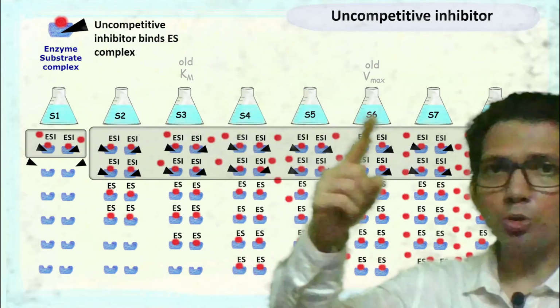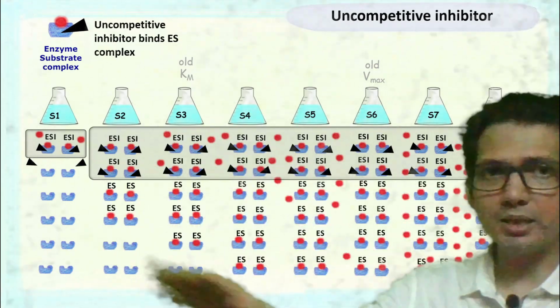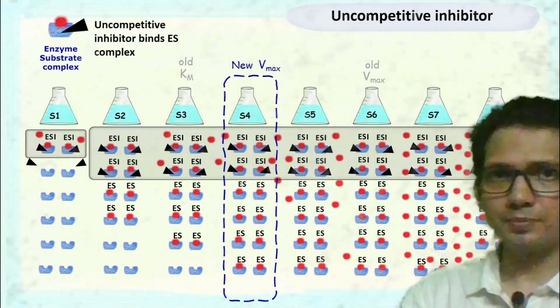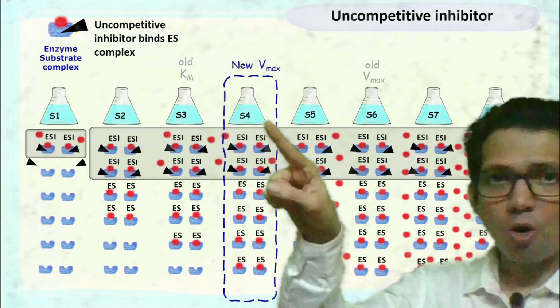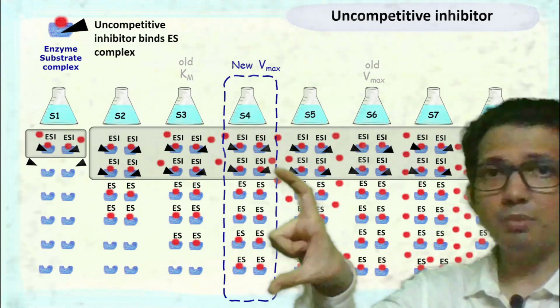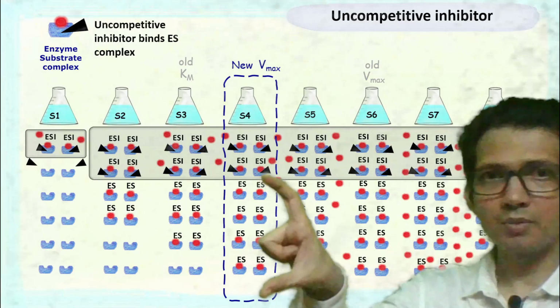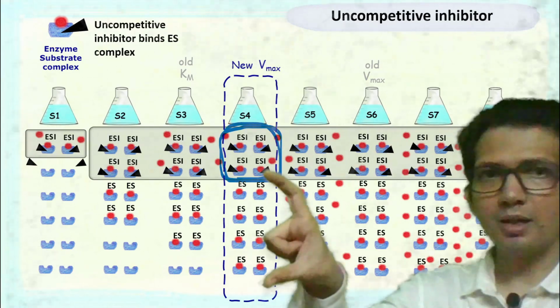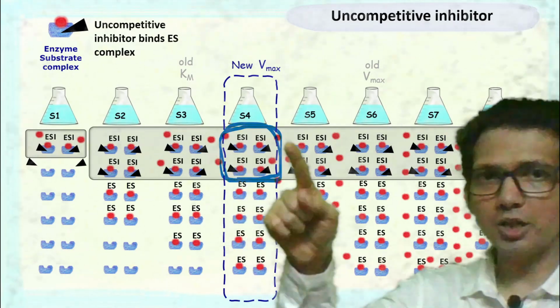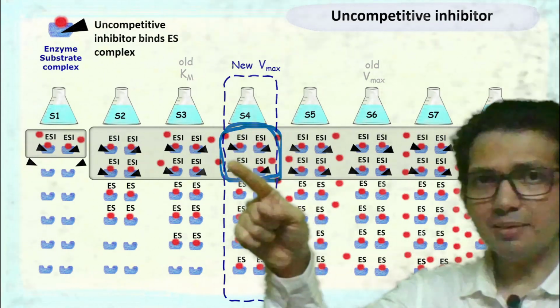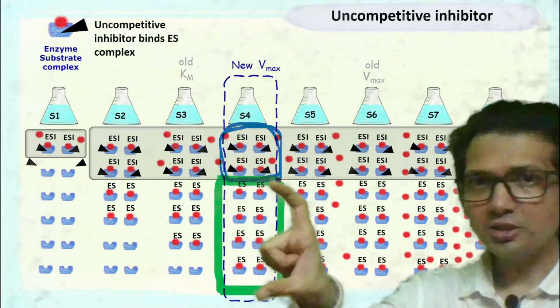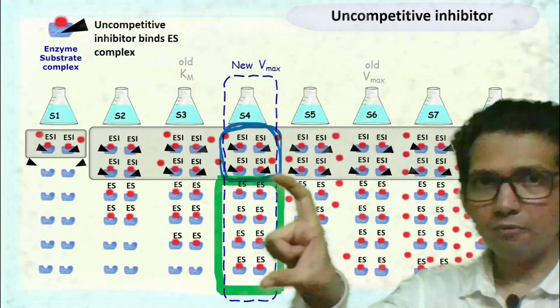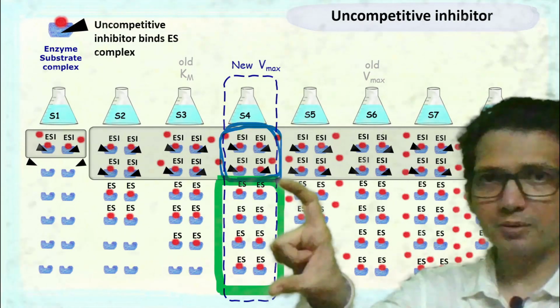So this whole portion that you see is inhibited. So this is a point where we will have maximum ES formation, and this will be our Vmax. Now since this portion over here is all inhibited, only this portion will give rise to Vmax.